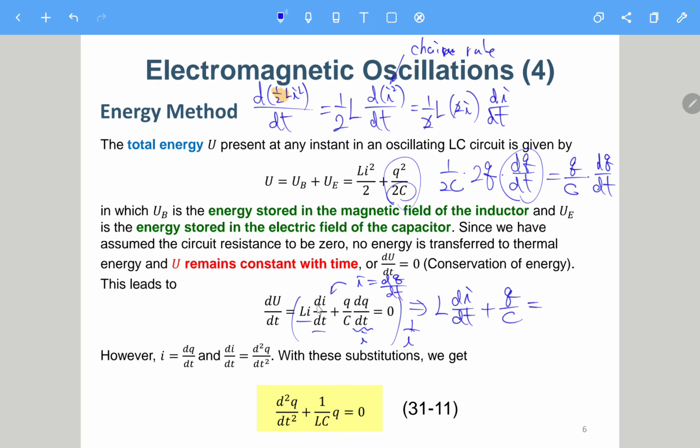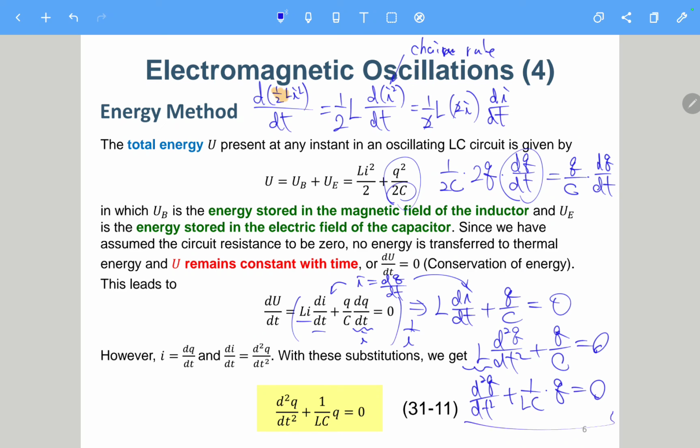We are only left with L times di dt plus q over C equals 0. Then we put in i equals dq dt, so it becomes L d2q dt2, the second derivative of q, plus q over C equals 0. Then we normalize the leading coefficient, so it becomes the second derivative of q with respect to time plus 1 over LC times q equals 0. So this is actually this one.